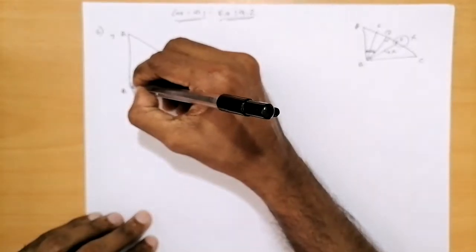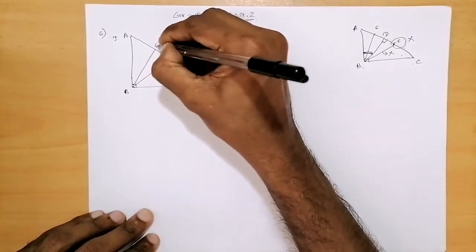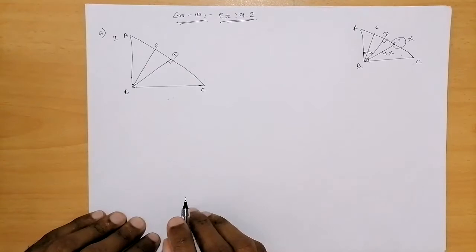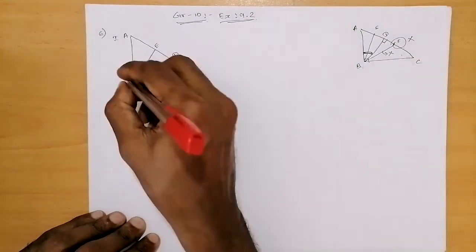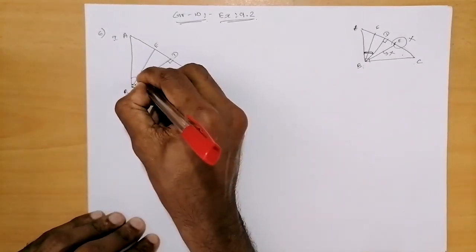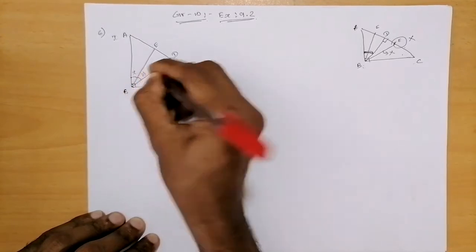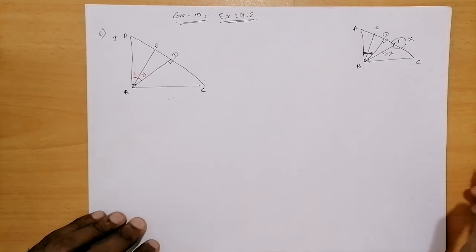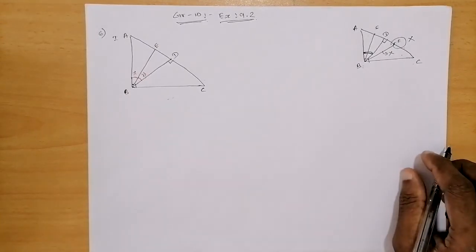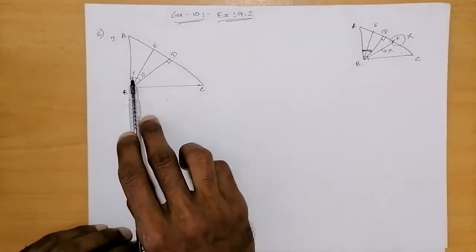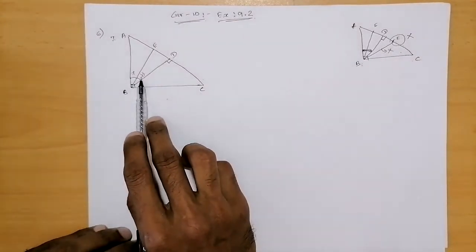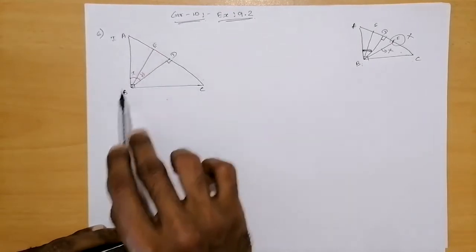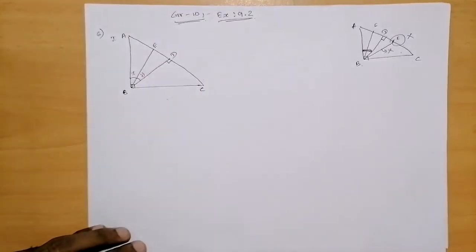The BE line is also there. We need to prove these 2 angles are equal. I mark them as X and Y. In the previous question also, we discussed how to show a bisector. If we can prove X equals Y, then BE bisects angle ABD.